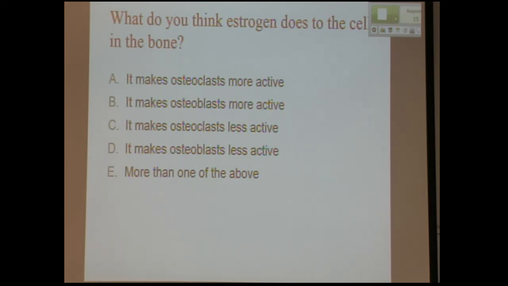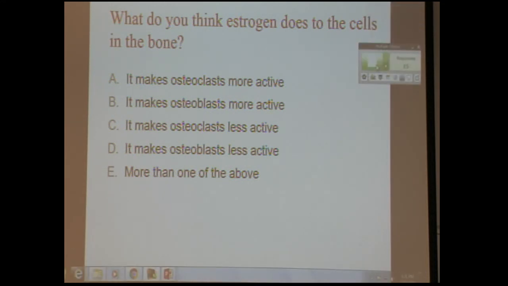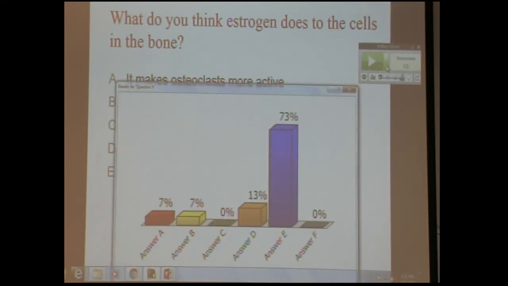All right, so what do you think estrogen does to cells in the bone tissue?